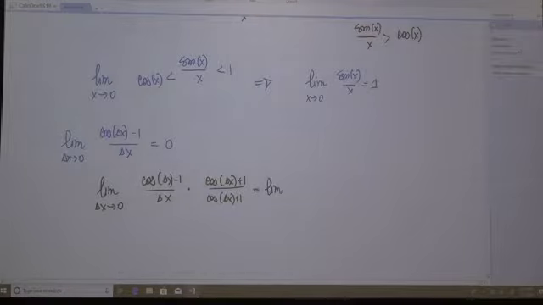The limit of delta x goes to 0. If you multiply the numerator, what you get? Cosine square of delta x minus 1, divided by delta x times cosine of delta x plus 1.